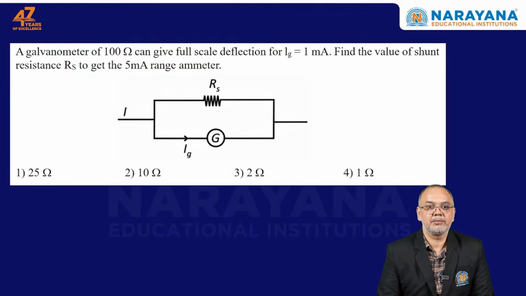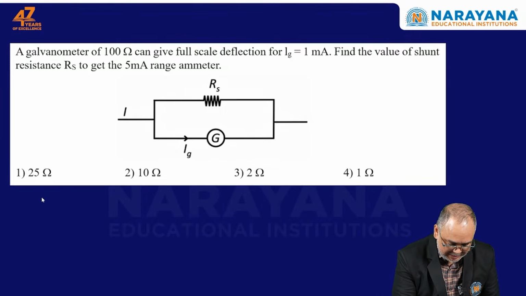Hello students, my name is Amit Tyagi and I am going to discuss a few of the questions of today's paper of the second shift. The first question you can see here is the conversion of a galvanometer into an ammeter. A galvanometer of 100 ohm can give full scale deflection for Ig equal to 1 milliampere.